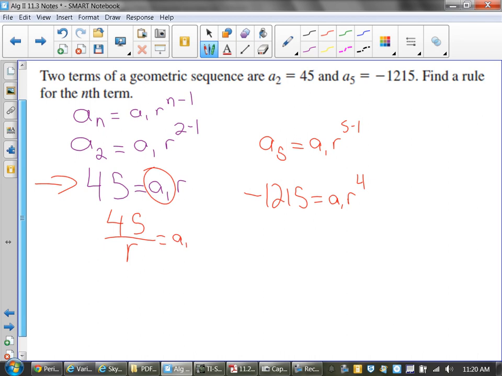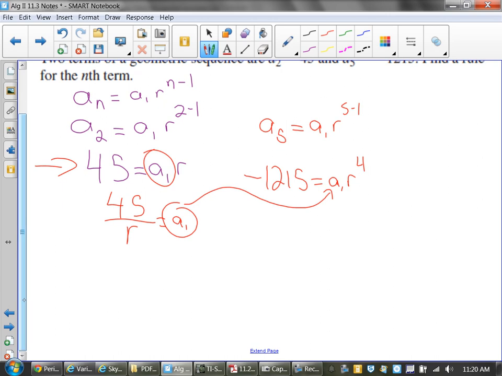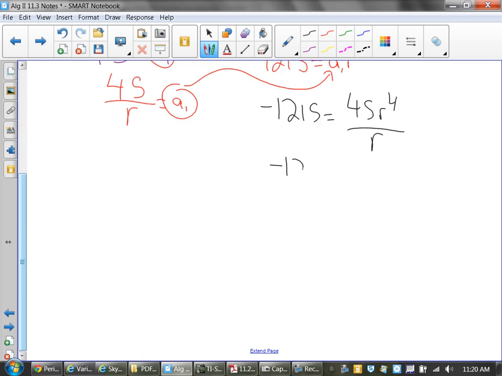Which means what am I going to do with the second equation? Substitute in. I take this value and I substitute in. Negative 1215 is r to the 4th, 45, r to the 4th over r. I'm just writing it out longhand first. So you get negative 1215 is 45 r cubed.